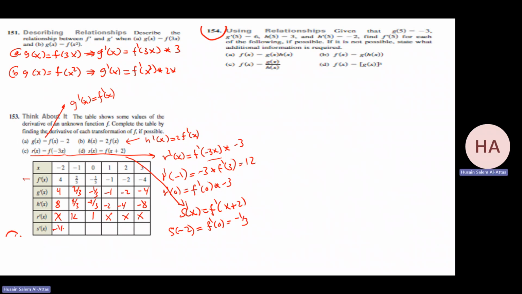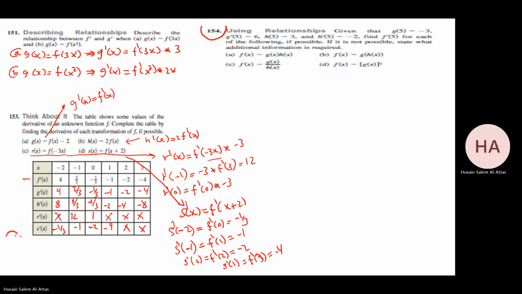So this is -1/3. S prime at -1 will be f prime at 1, which is -1. So that is -1. S prime at 0 will be f prime at 2, which is -2. So this is -2. S prime at 1 will be f prime at 3, which is -4. So this is -4. The rest I cannot do. I don't have the information.